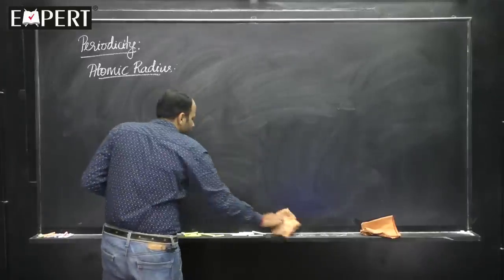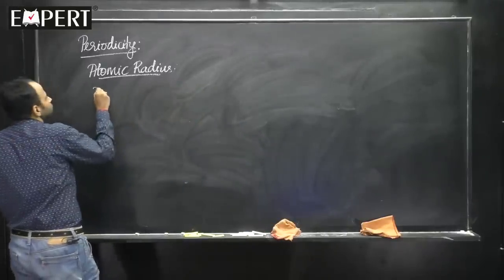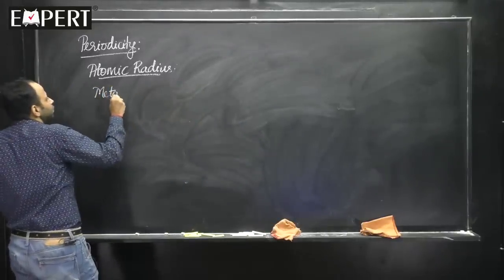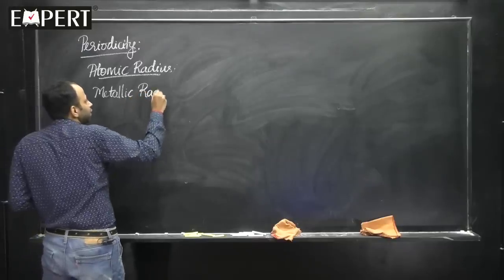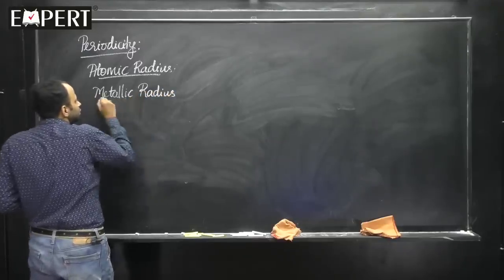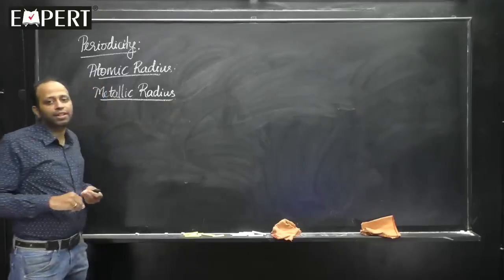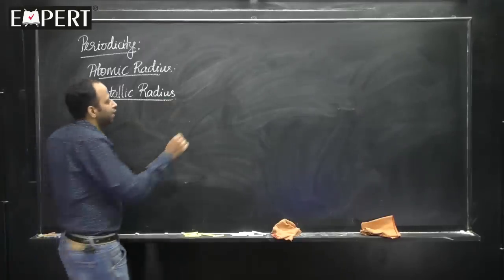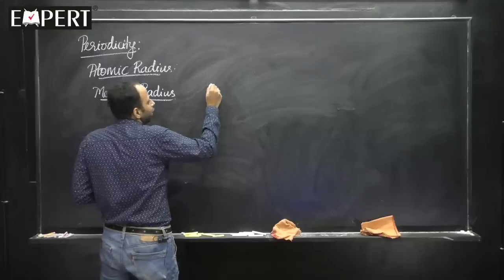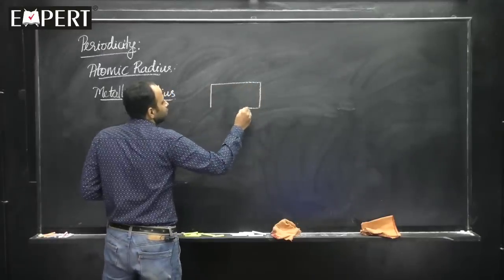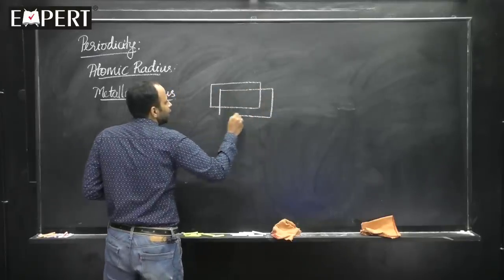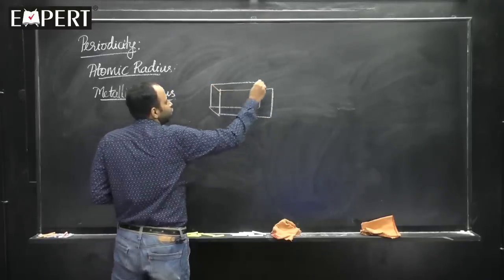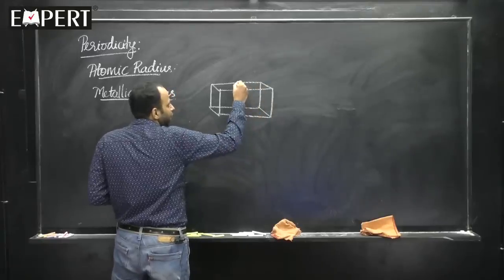The first kind of radius that we go for is something called as the metallic radius. Okay. What exactly do I mean by metallic radius? In case of metals, what happens is, it is generally made up of this kind of cubes or hexagons or many things like this.